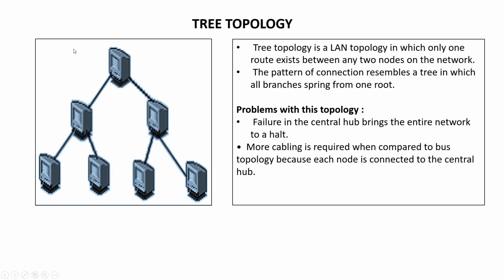Actually its structure is similar to a tree, so it is called the tree topology, meaning the pattern of connection resembles a tree. Then there are branches like this, so this topology is termed the tree topology.